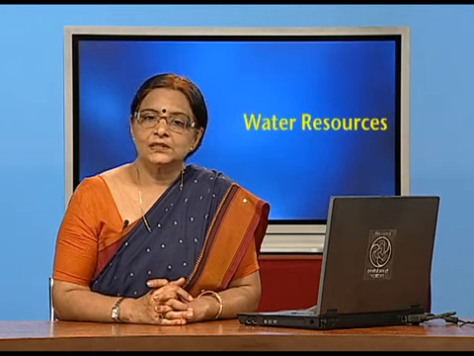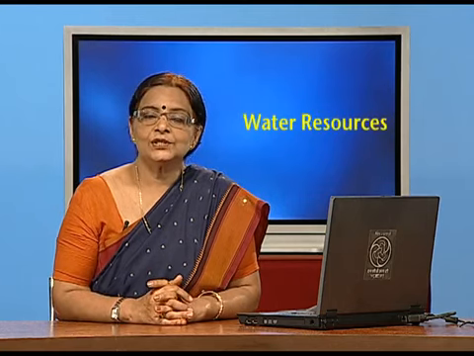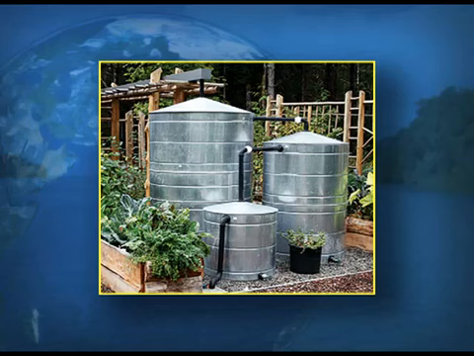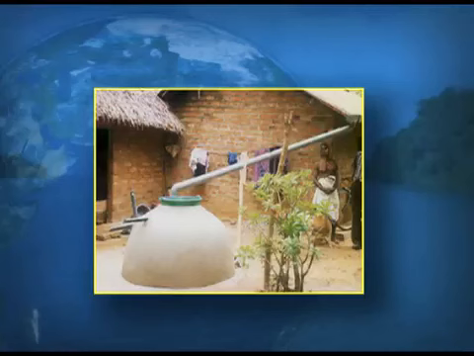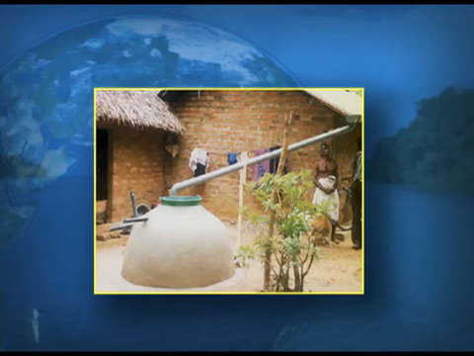Now on the screens, you can see a picture of the tanks, showing how we store the water, and this water is being utilized in the form of conservation of water. This is another visual where you can see the earthen pot, where the water from the hut top is entering into the earthen pot and where we are conserving the water.